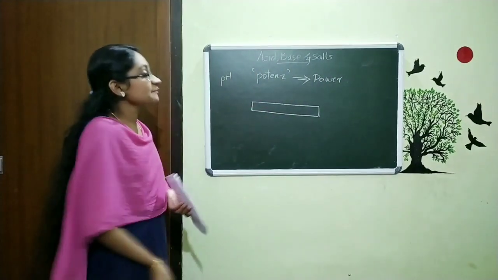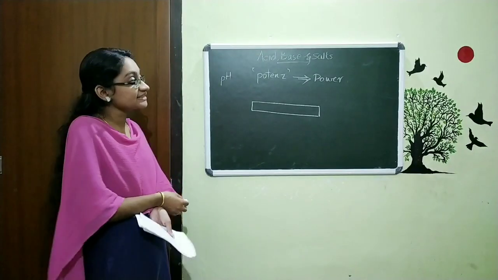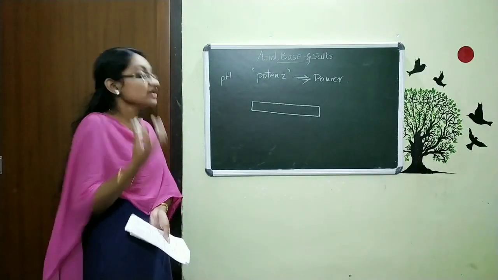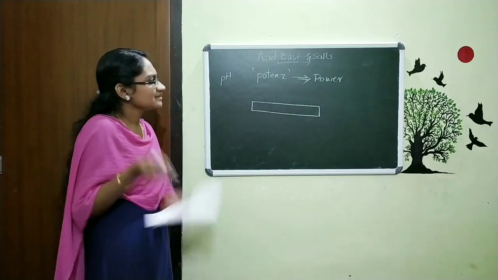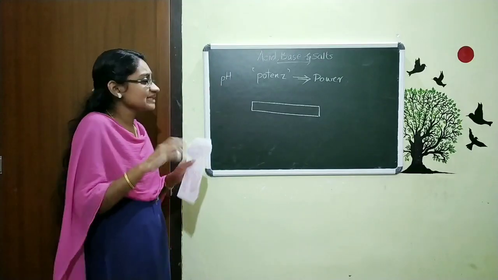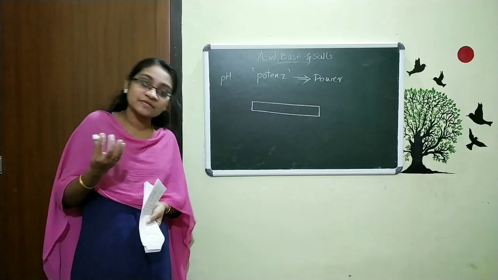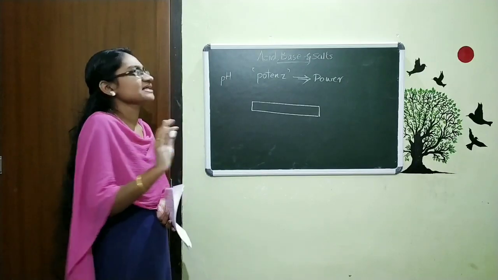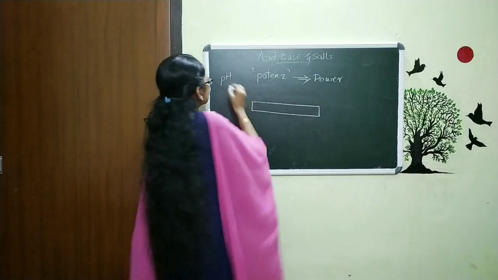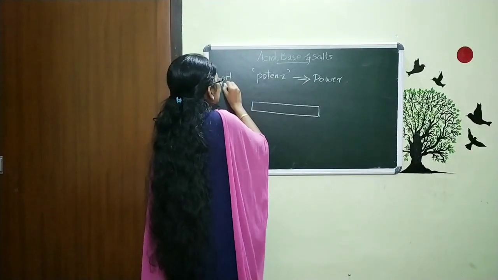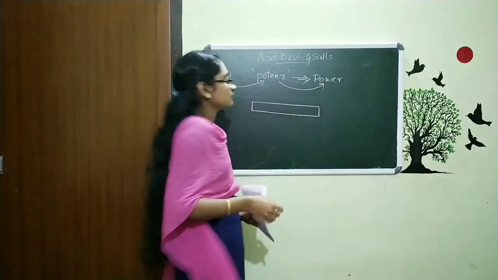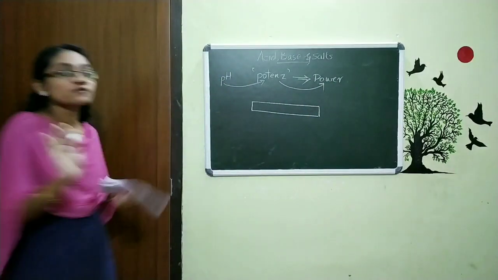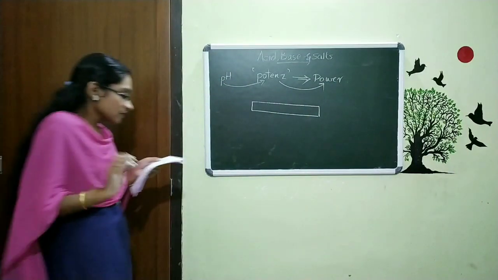Actually we are measuring the power of the hydrogen ions in the liquid. Simply, I already said that we are measuring the concentration of H plus ions, or hydrogen ions. So that's why it is called the pH scale. This P is for potence, and potence means power. We are measuring the power of hydrogen in the solution.